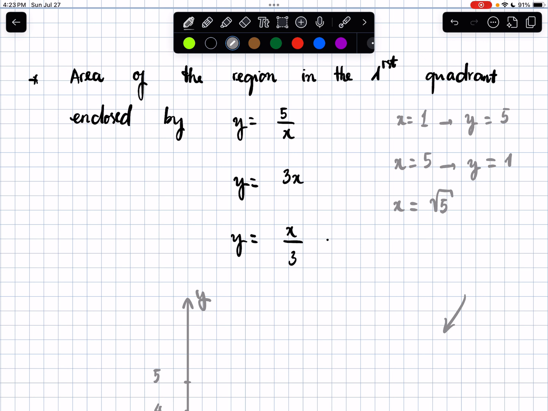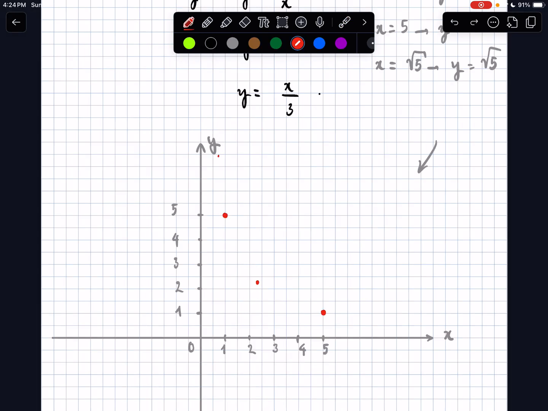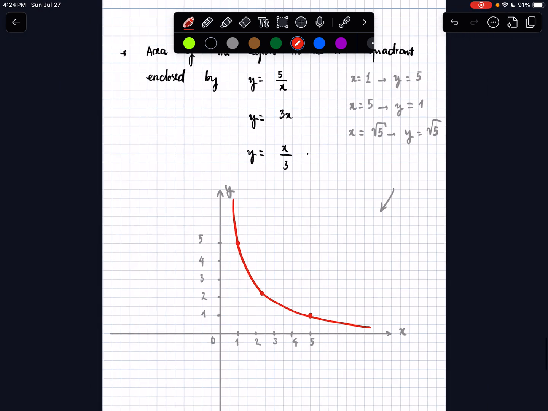Square root of 5 squared is 5, so we get x times y equal to 5. So the part of the hyperbola in the first quadrant should look like this. This is y equal to 5 divided by x.